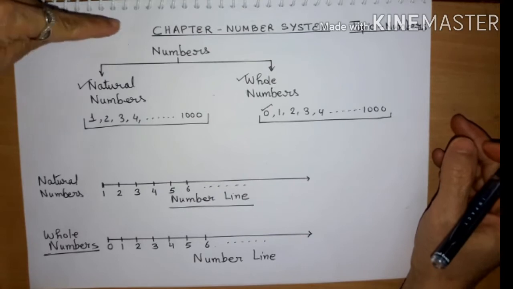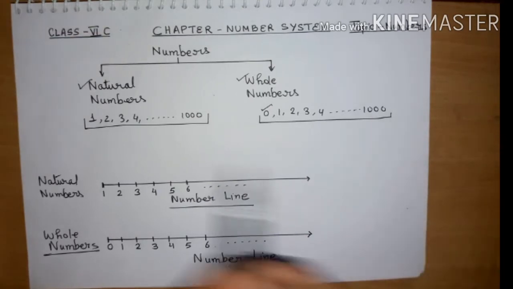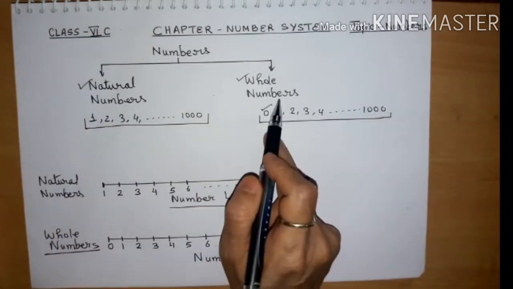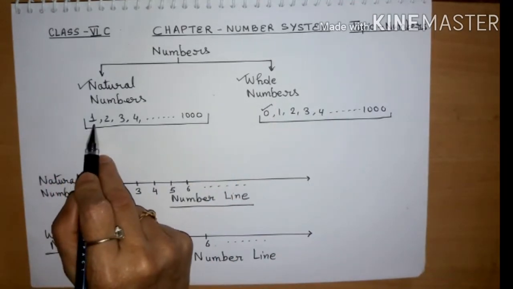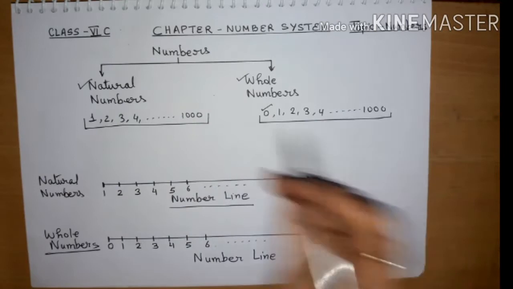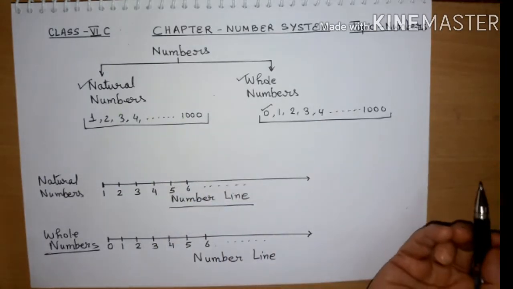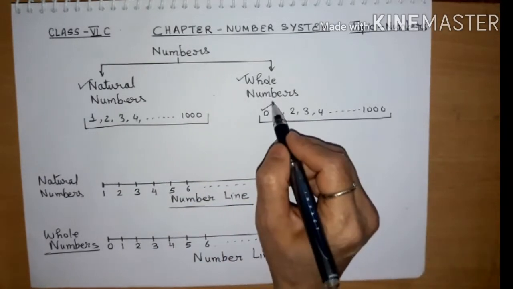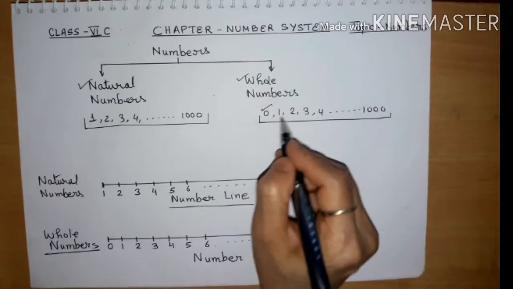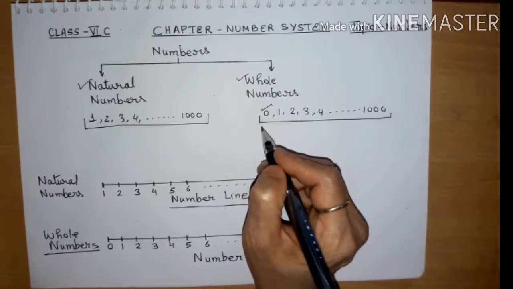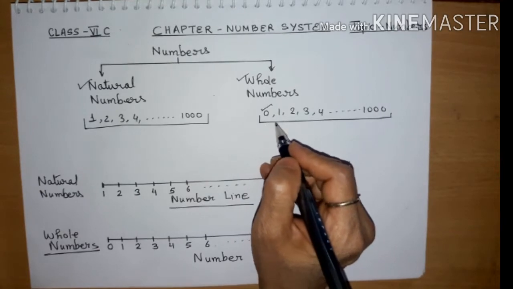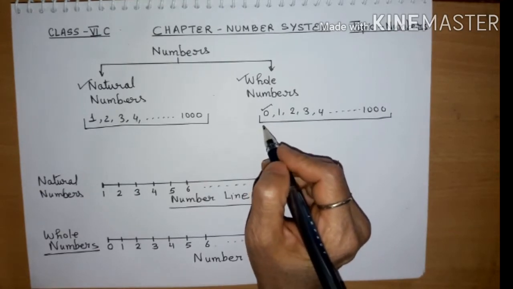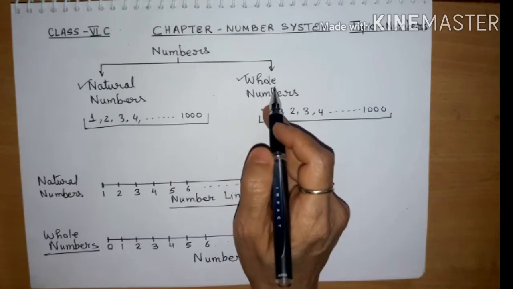In brief, numbers can be broadly classified into two types, natural and whole numbers. The natural numbers begin from 1 and go endless. 1000 is just one example I've taken. Similarly, whole numbers include the 0 also, or we can say if natural numbers include 0 also, then it becomes the set of whole numbers.